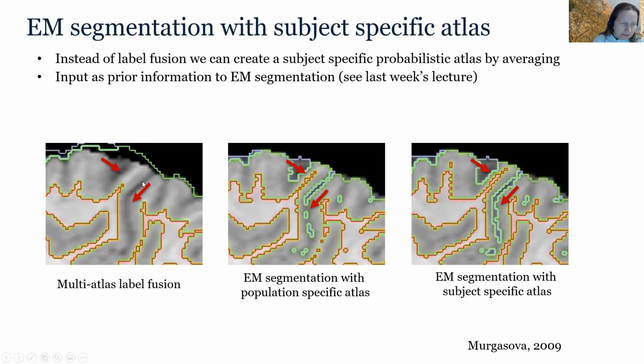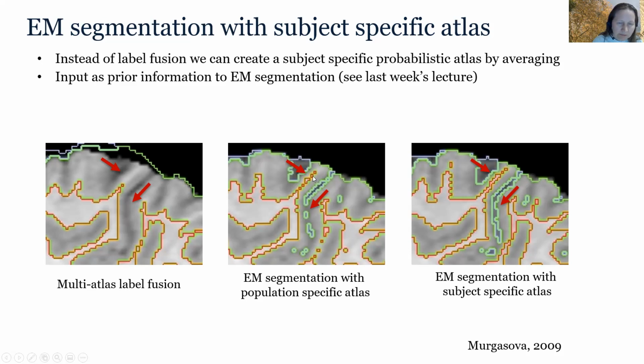So, as we said, the multi-atlas label fusion results in over-smooth segmentation that lacks the details. For example, there is a thin space of CSF that has been deleted. Also, this white matter here and here is not properly segmented.